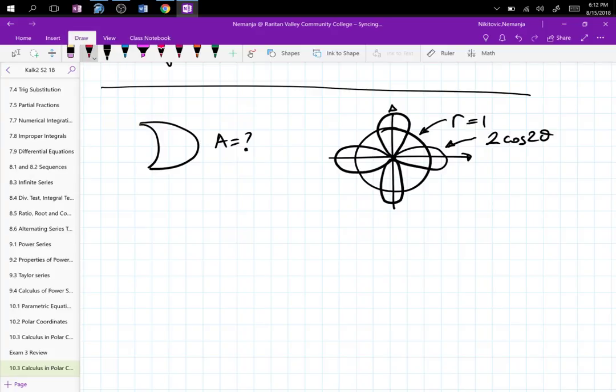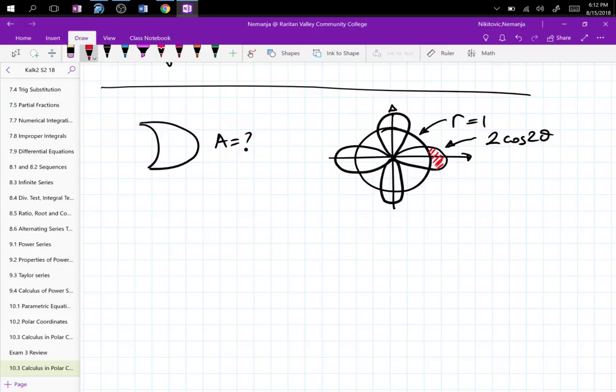And I am looking for the area over here. You are used to the idea of area between two curves where you go top function minus the bottom function, right?